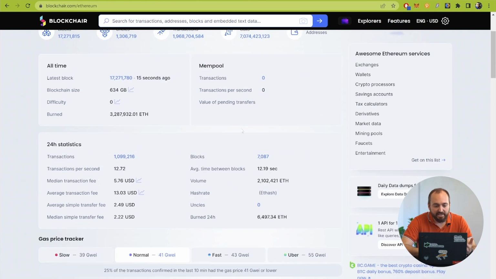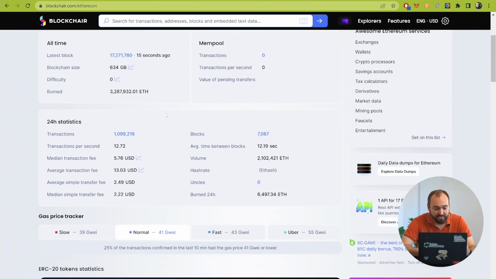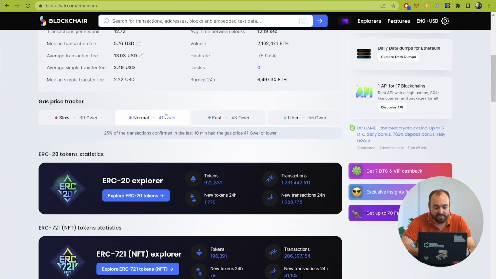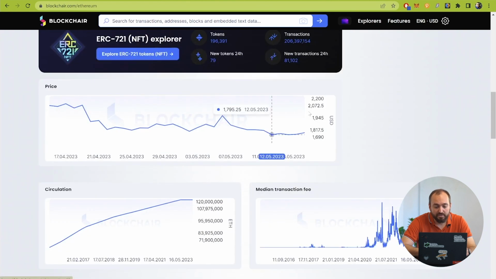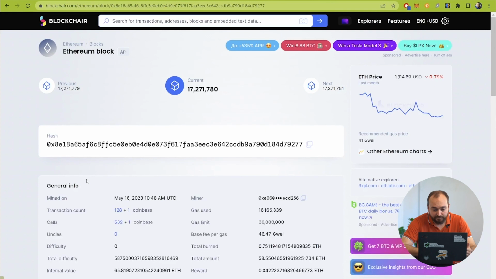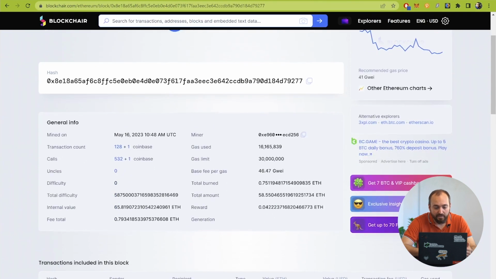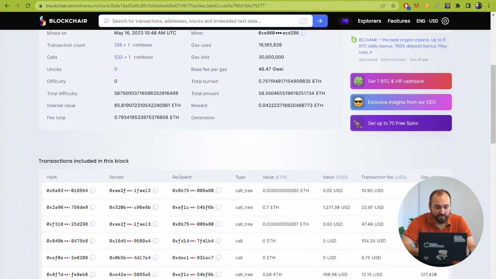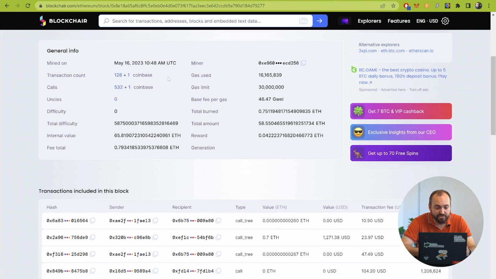Also, we can see that the blockchain size for Ethereum right now is already more than 600 gigabytes. We can see some additional statistics and so on. We can check the block inside and see the number of transactions.